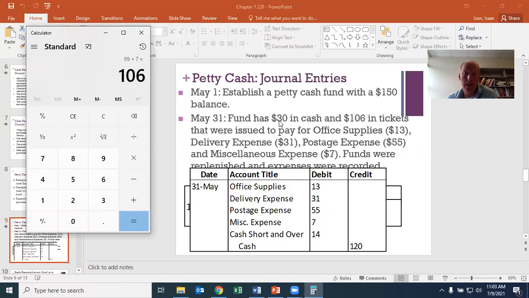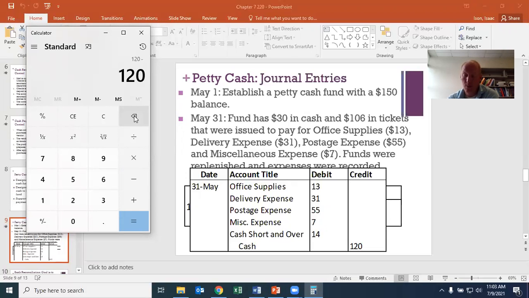But remember, we credited cash for 120, the difference between 150 and 30. So there's a difference there. All of these debits add up to 106, the credit is 120, and the difference is $14.